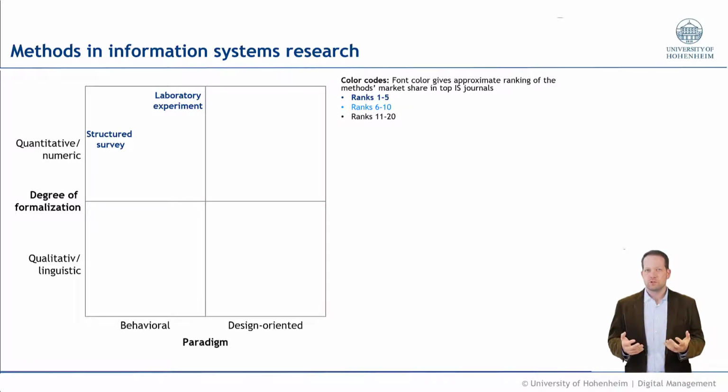Nowadays we have also online experiments where, rather than the controlled physical lab setting, people sit at home or at work at the desk and participate in a structured, constructed environment, but now in an online environment.